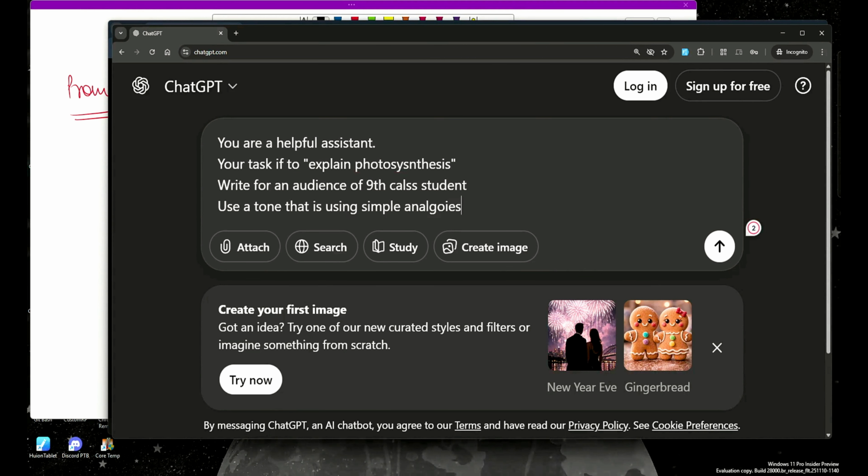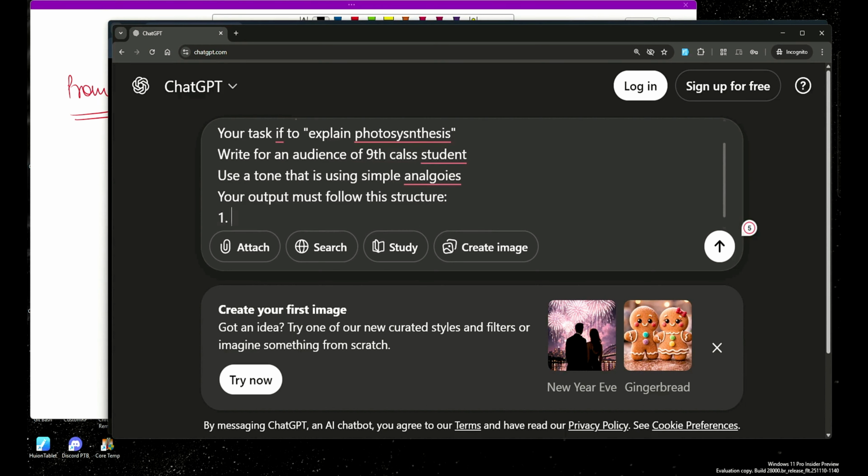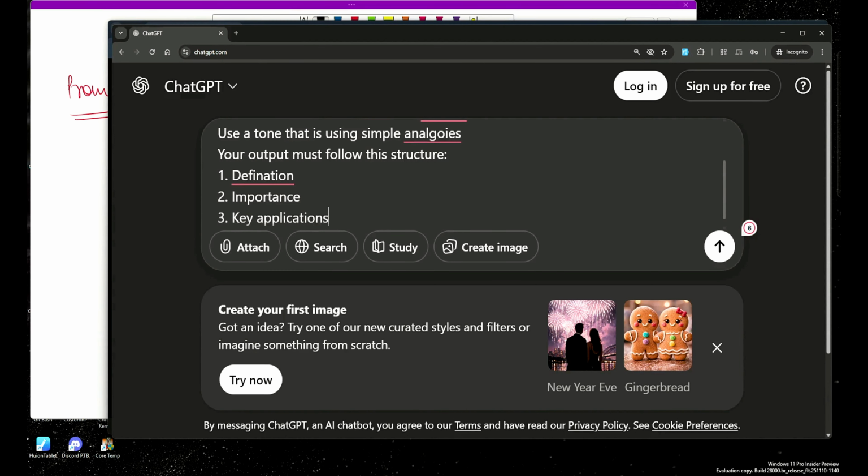Remember, your output must follow this structure: definition, importance, key applications. Length around 10 sentences, 10 lines I say.